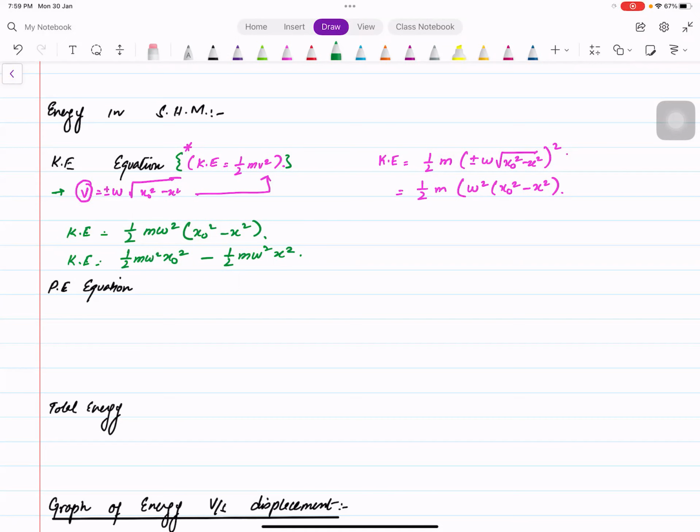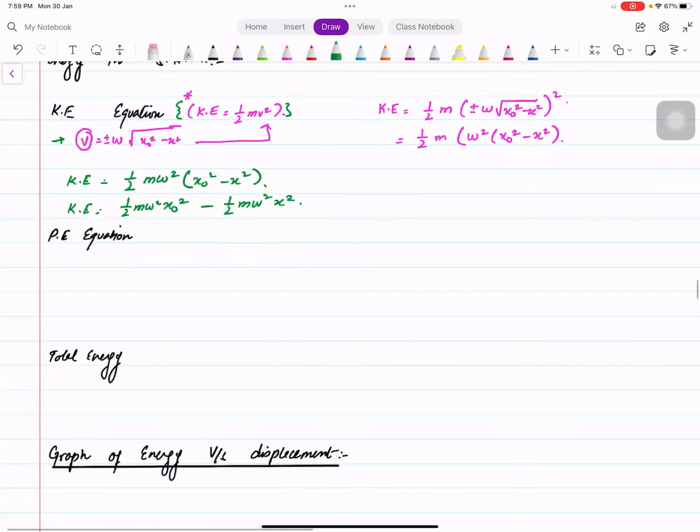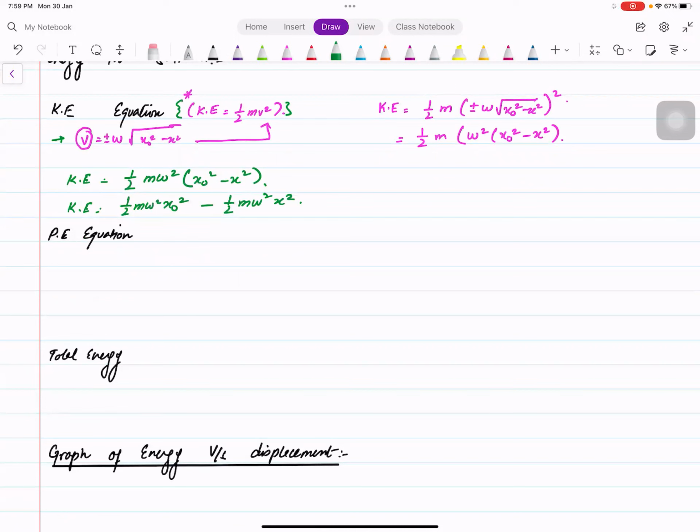Okay, now think about it. The next thing I'm going to do is write total energy. Conservation of energy says that whatever the total energy is, it has to be equal to potential energy plus kinetic energy. You guys agree? Yes, sir.